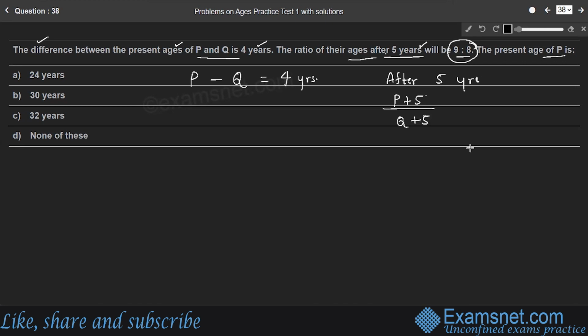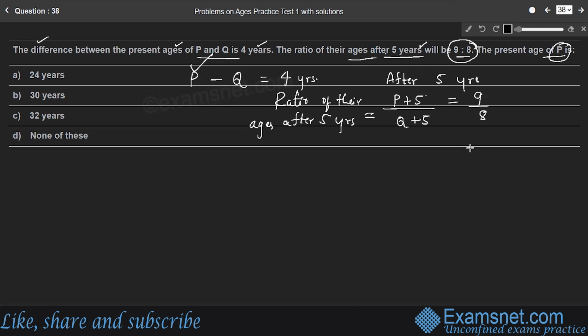So ratio of their ages after 5 years is equal to P plus 5 by Q plus 5. Ratio is already given. It is 9 by 8. So we need present age of P.